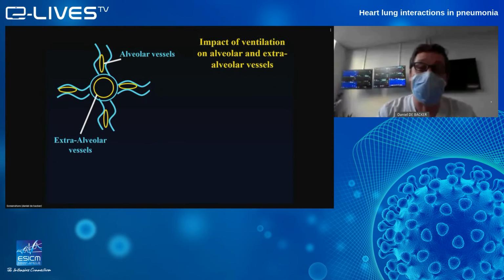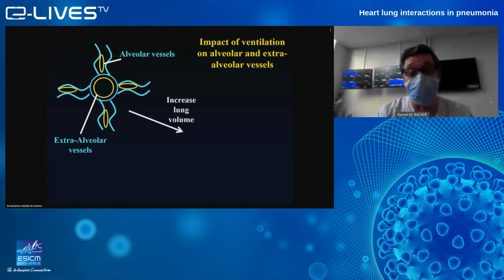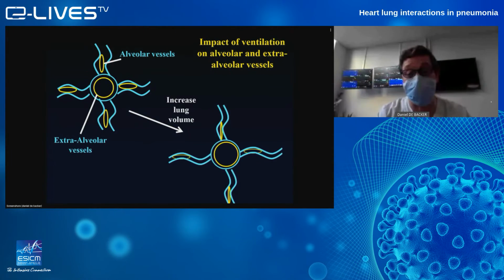What we know is that we have some alveolar vessels, and we have also extra alveolar vessels. What occurs during tidal ventilation is, of course, an increase in the lung volume, and this will squeeze the alveolar vessels and will, on the other hand, distend somewhat the extra alveolar vessels.